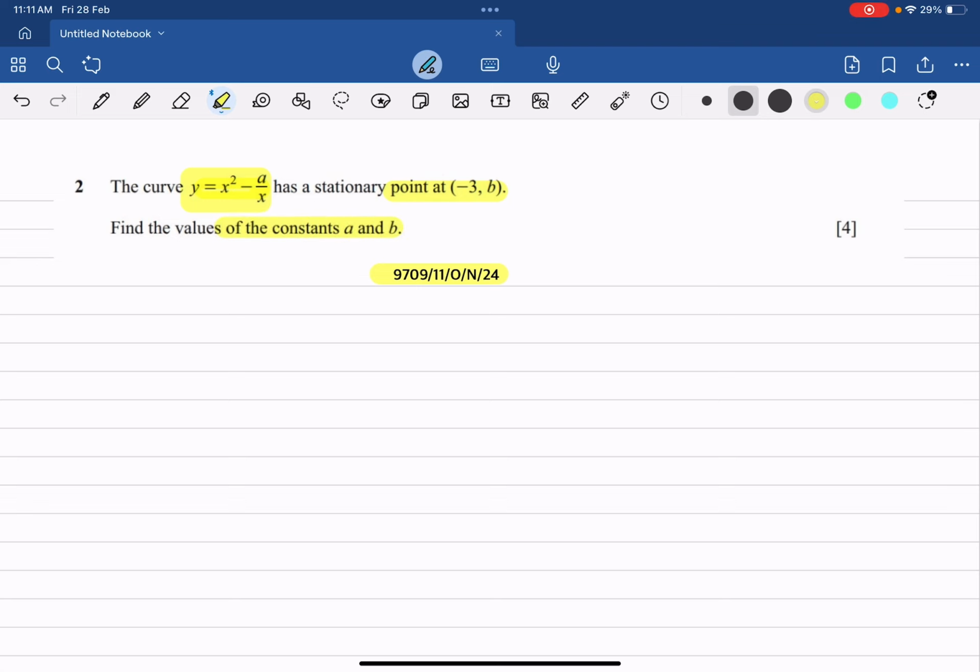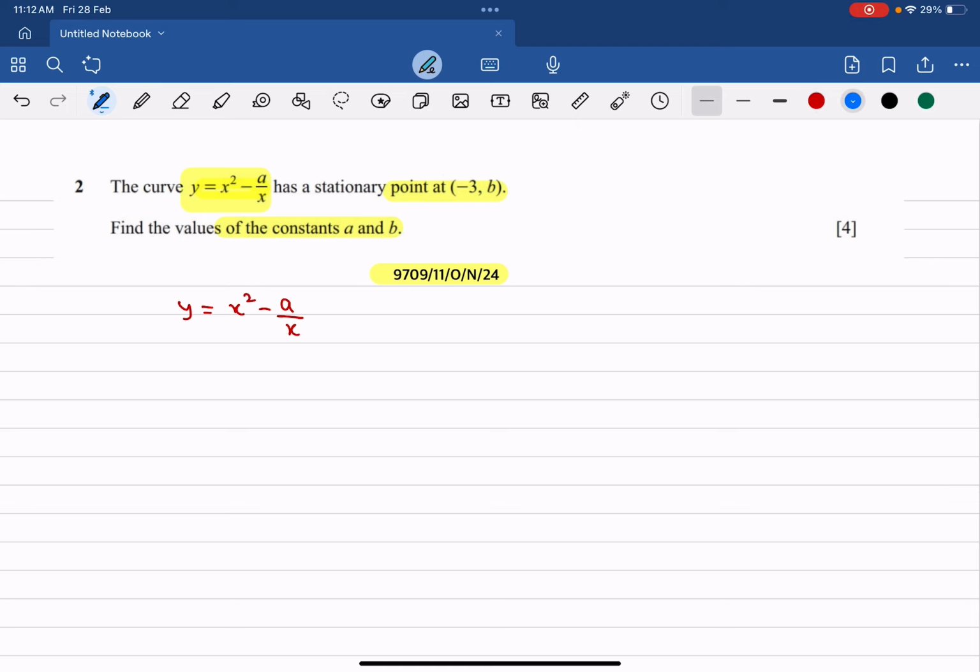So the question has given you an equation of a curve and some unknown variables in the equation as well as in the stationary point coordinates. You need to use the concepts of differentiation and stationary points to find the unknown variables a and b. The question is y is equal to x squared minus a over x.